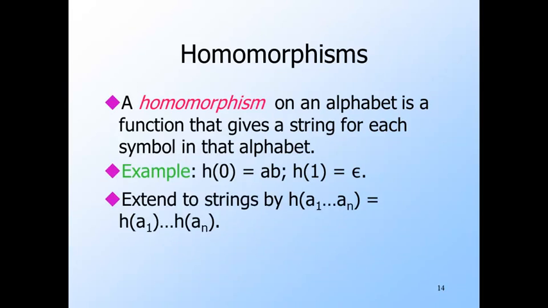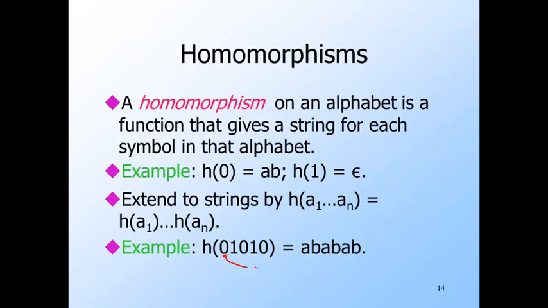We apply any homomorphism to a string by applying the homomorphism to every symbol of the string in order and concatenating the results. For example, if we apply our homomorphism H to the string 0, 1, 0, 1, 0, each of the zeros gets replaced by AB, and the 1s effectively disappear because they are replaced by the empty string.